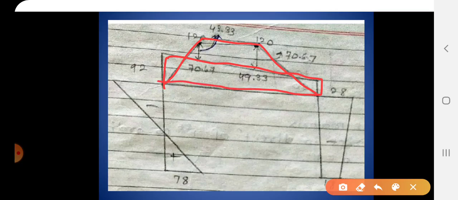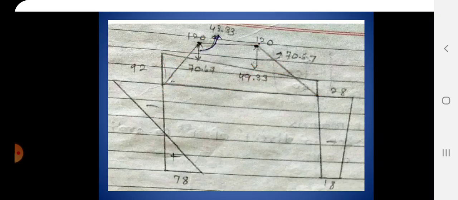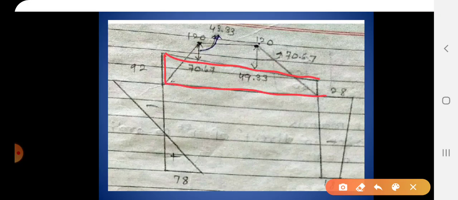Okay, now to get these ordinates, what we have to do is first find out these two values on the lower trapezoid. Okay, so how will you find out these values? Consider this trapezoid, and this value is 28 and this value is 92. So what will I do?